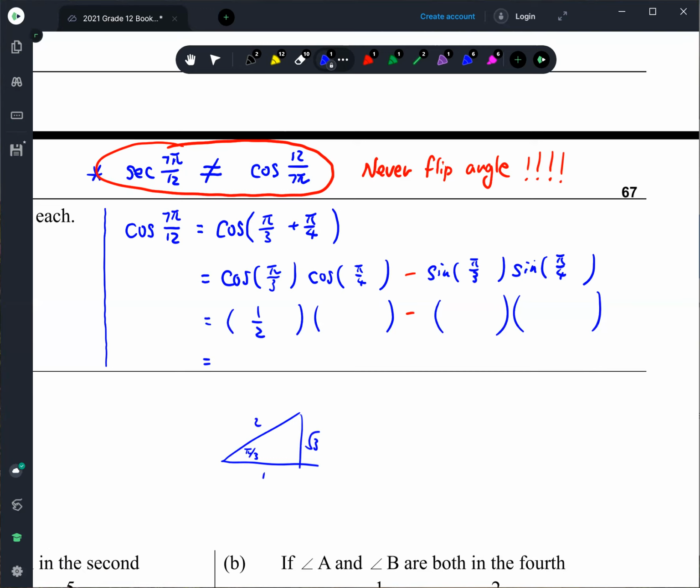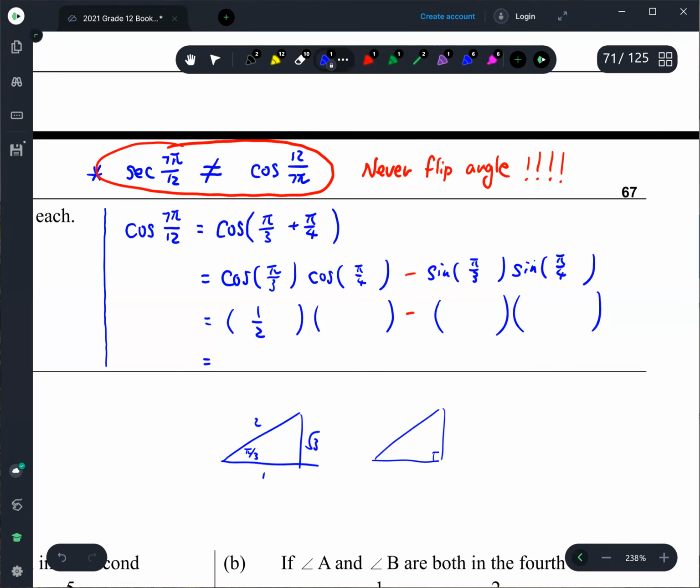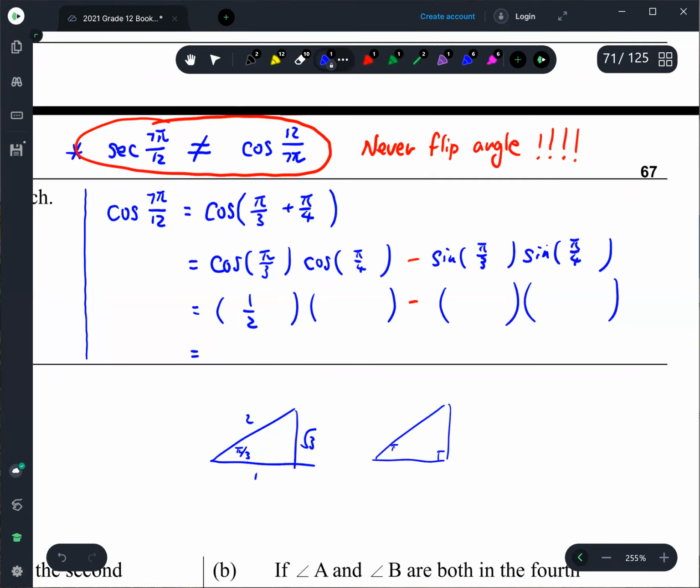Okay, cosine pi over 4. Caleb, cosine pi over 4. Square root of 2 over 1. Okay, pi over 4, if it's pi over 4 in the triangle, look at the screen.